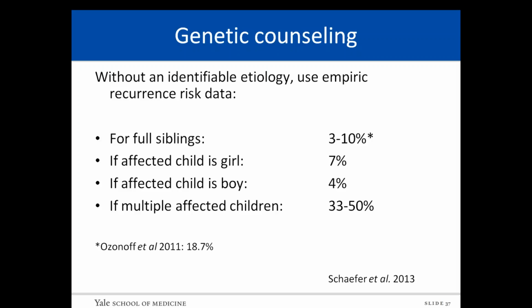This is another hot topic of research, as to what these protective factors might be, if there are such protective factors. So if you do have a girl affected by autism, the recurrence risk goes up because there's a larger genetic hit in that family. And if there are multiply affected children in a family, the recurrence risk really jumps up to 33 to 50%.